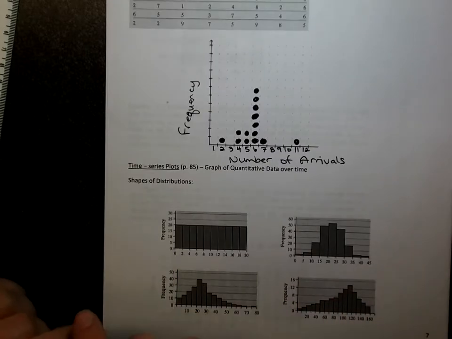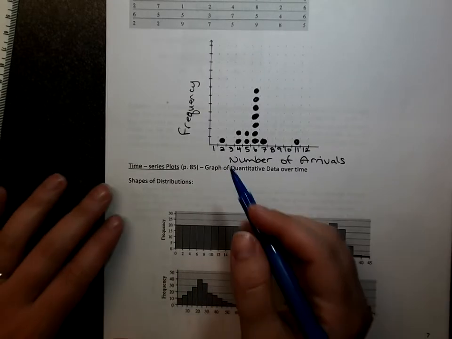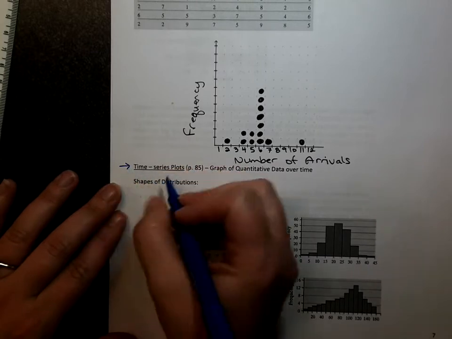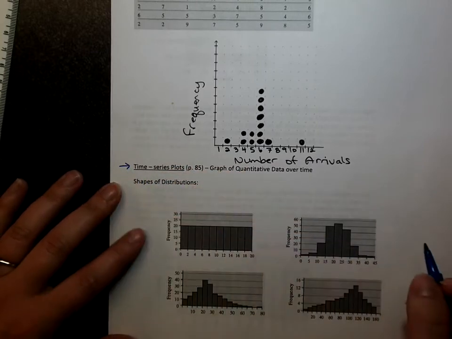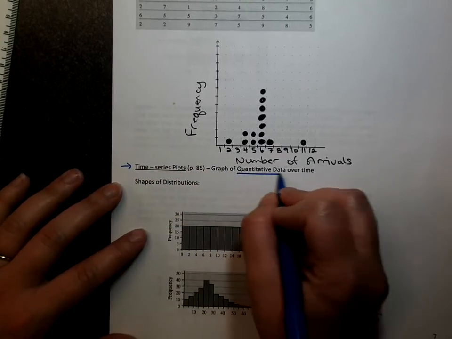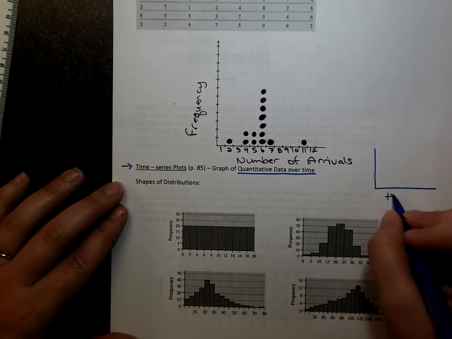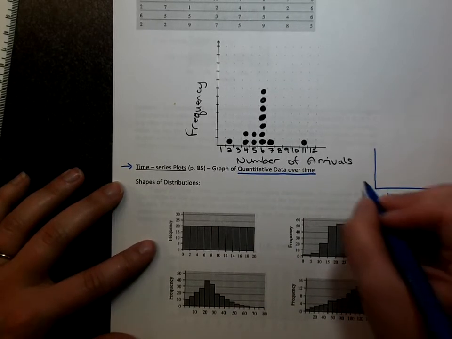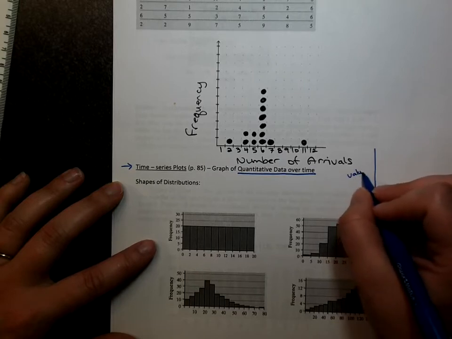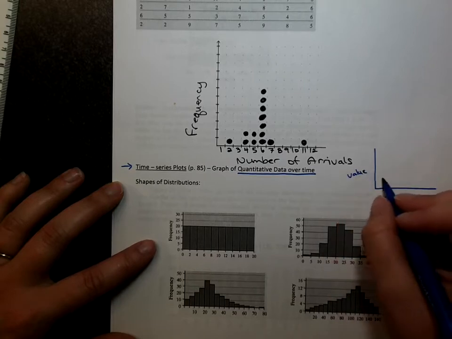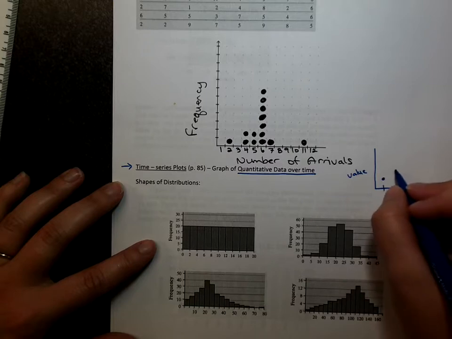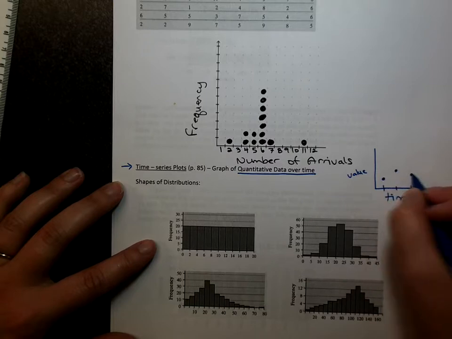There's another type of display, it's not really frequency. It's a different way to display what we call time series plots. It's a graph of quantitative data over time. So time is along the horizontal axis and the values are along the vertical. At this time, this was the value. At that time, this was the value.